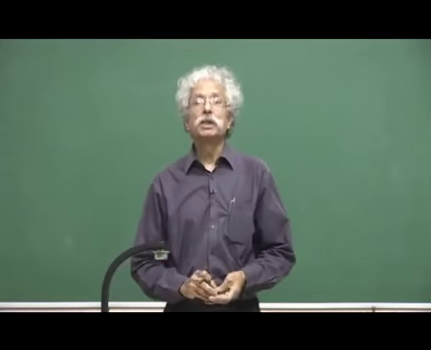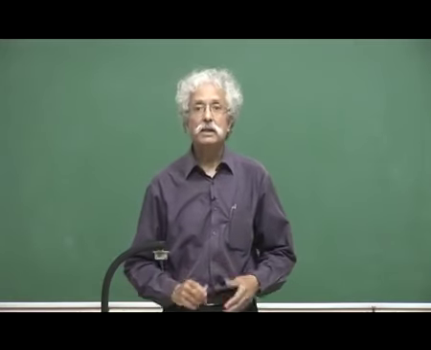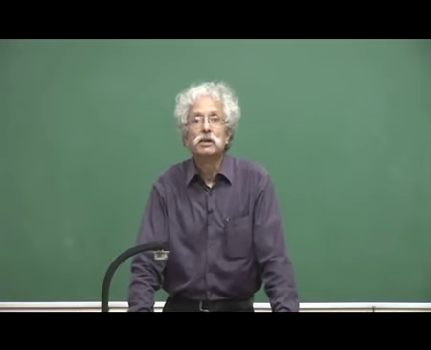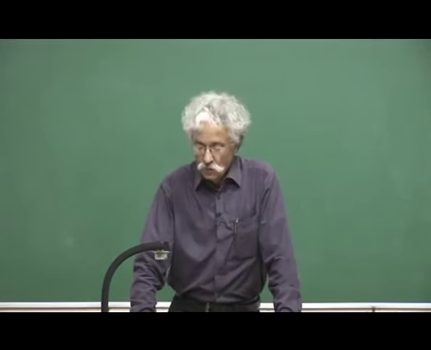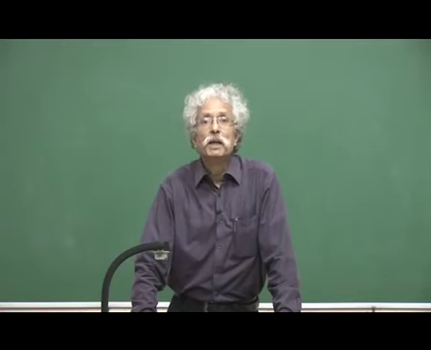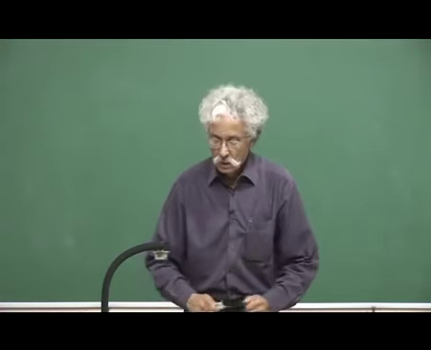Now, atoms consist of these positive and negative charges. In fact, atoms are made up of primarily electrons, protons and neutrons. The protons and neutrons form the nucleus and occupy a distance of about 10 to the power minus 15 meters. That is the nucleus.